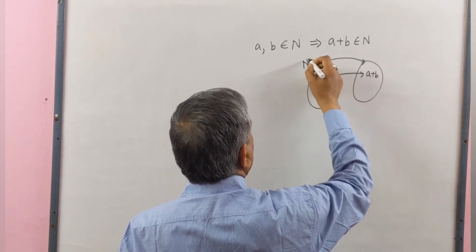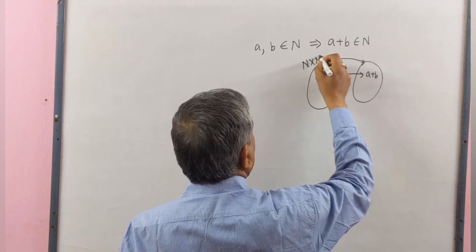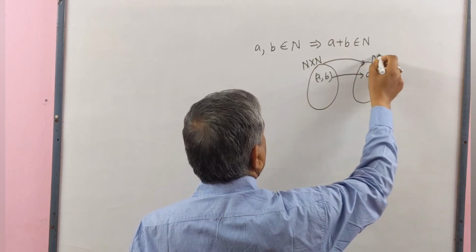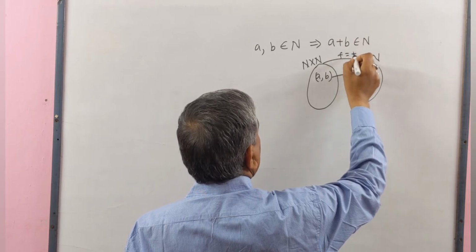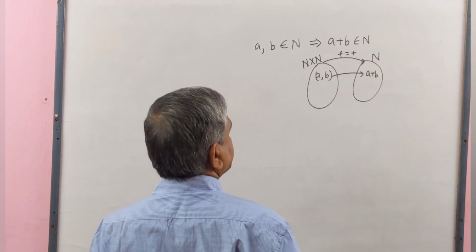Domain is N cross N and codomain is N, and F equals addition.